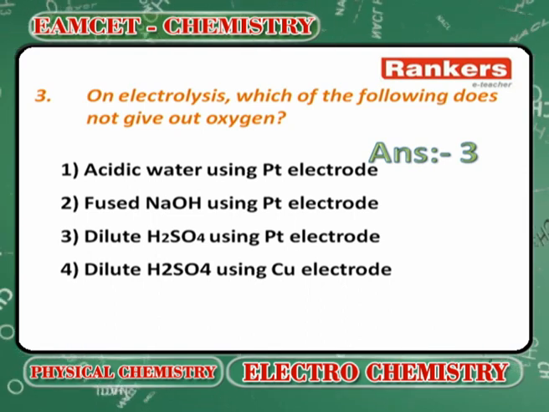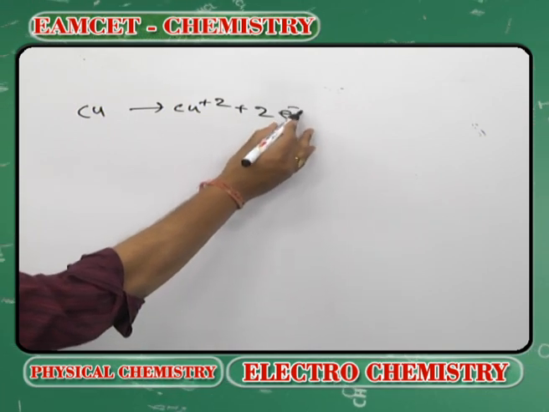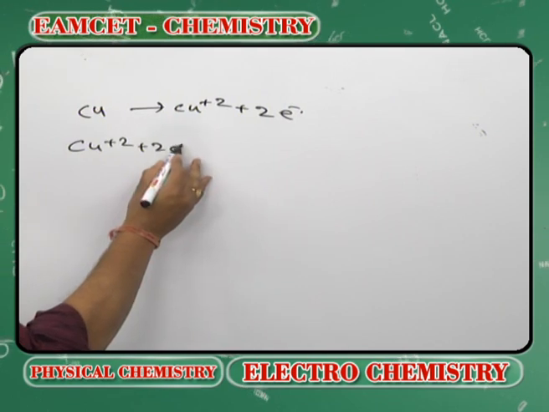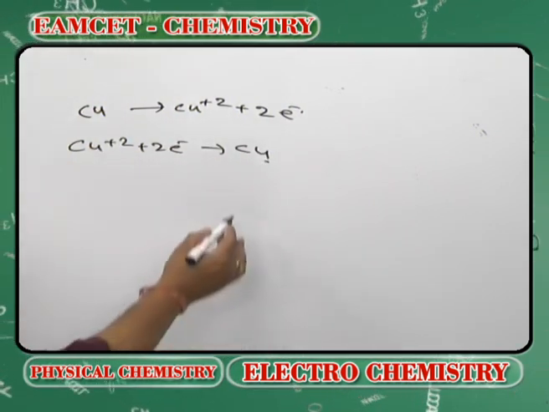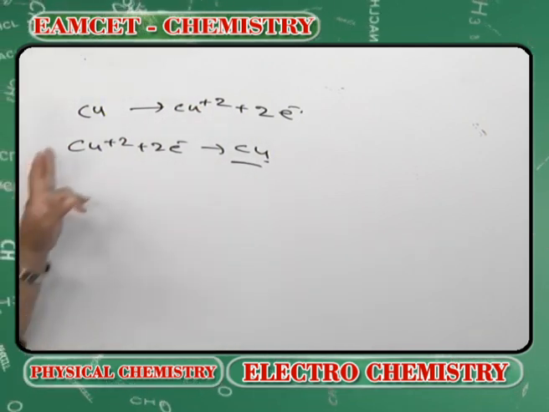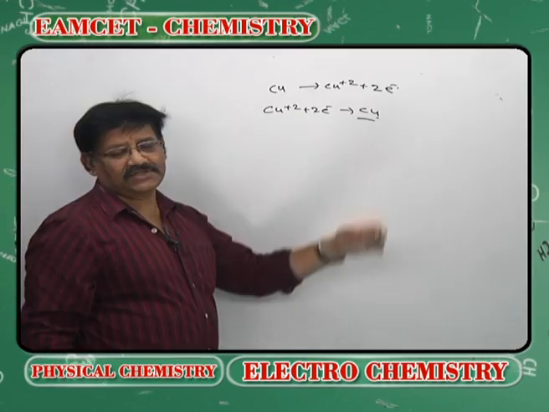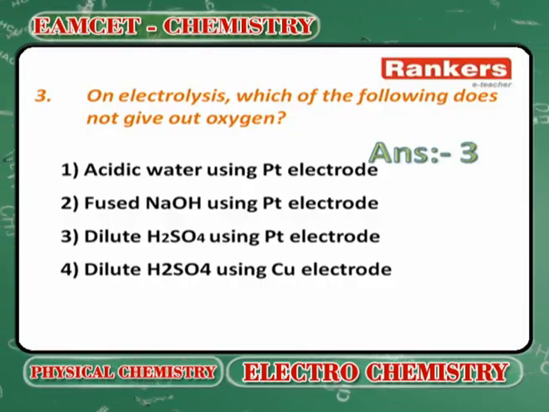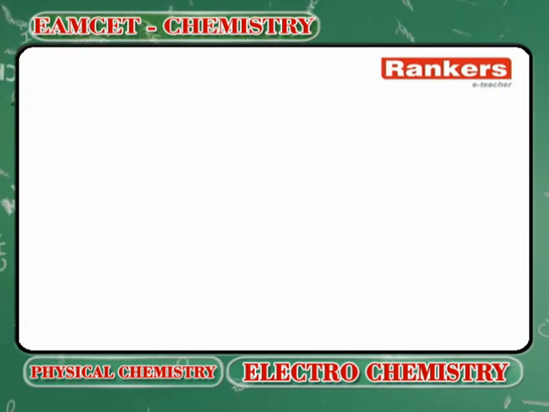Copper gets dissolved and goes into the solution in the form of copper ions. These copper ions reach the cathode to give copper. So the entire anode metal gets dissolved due to oxidation and gets deposited on the cathode. So in option 4 we don't get oxygen. It's not option 3. Next.